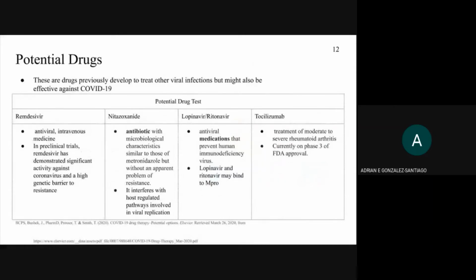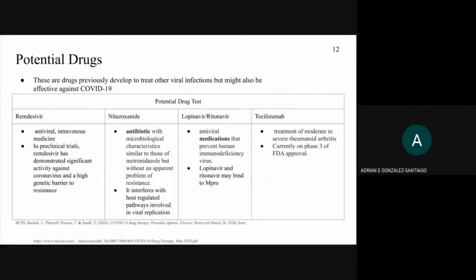So at the moment, there are no real specific treatments for this disease. It is thought that the cure, in a sense, will have to be a vaccine. But for now, there are several drugs that have been proven in vitro and in vivo to be effective against this disease.